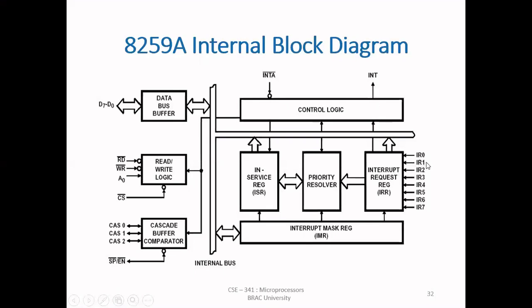Okay, these are the 8 signal lines or 8 pins, and an interrupt comes through these pins. Suppose I have connected a keyboard, and if it wants to send any interrupt, it will send it through IR0. Again, I have connected a mouse. If that wants to send any kind of interrupt, it will send it by IR4.